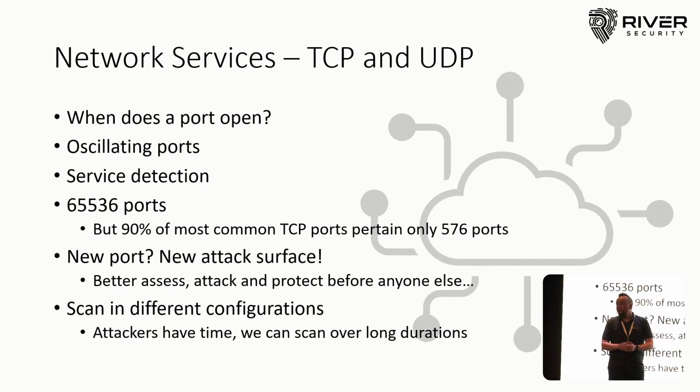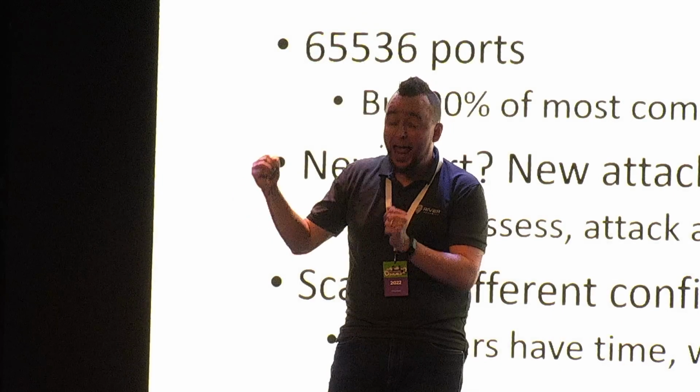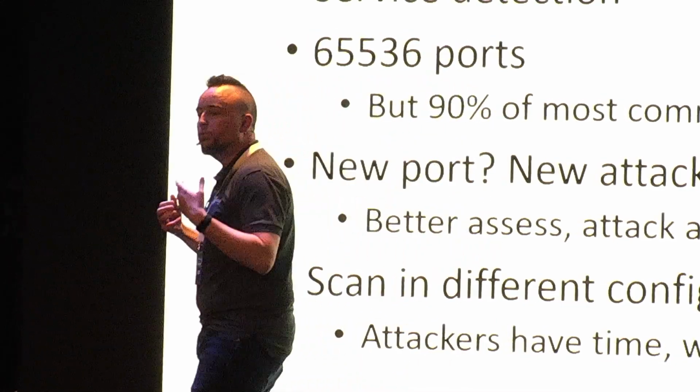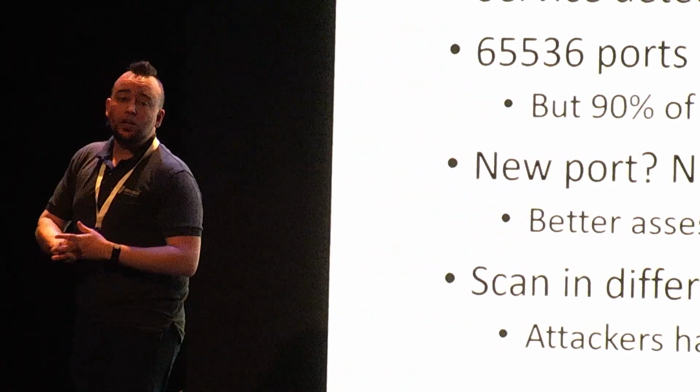You don't need to scan every single port every single day necessarily. It will be a lot of traffic and a lot of potential waste. So you can scan in different configurations that make you more effective.